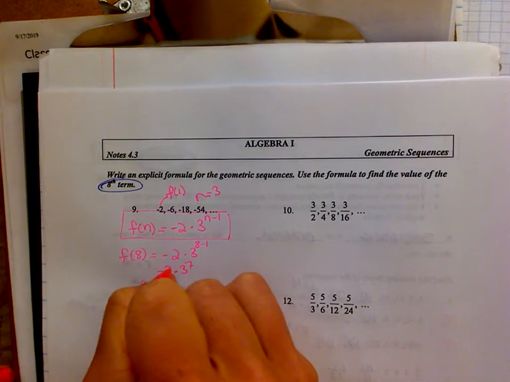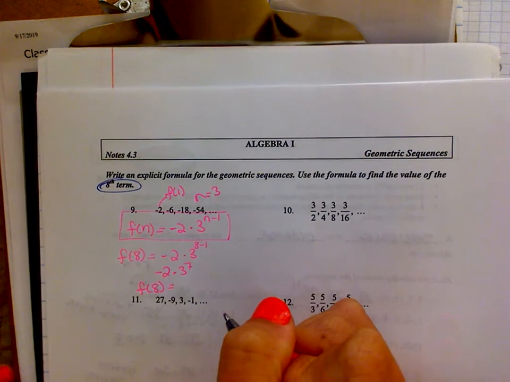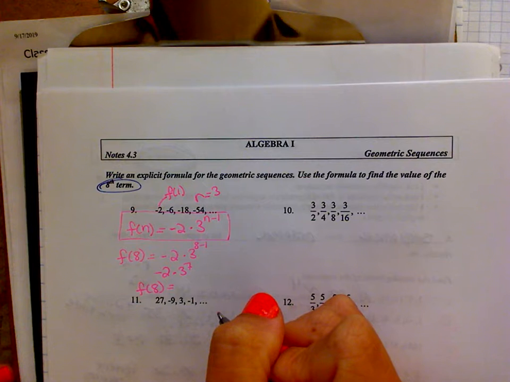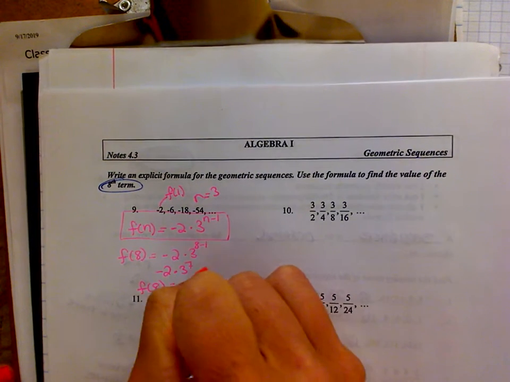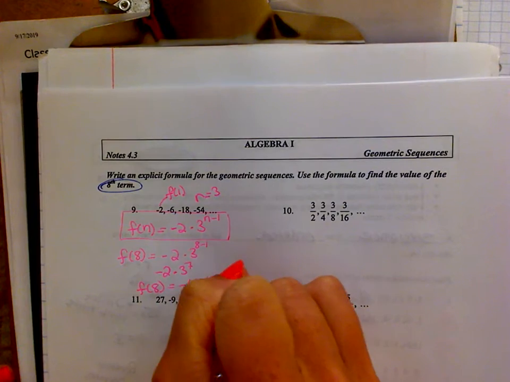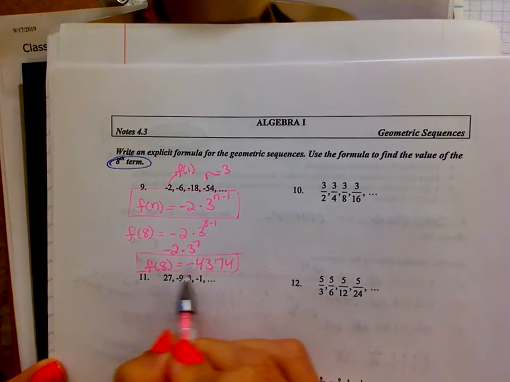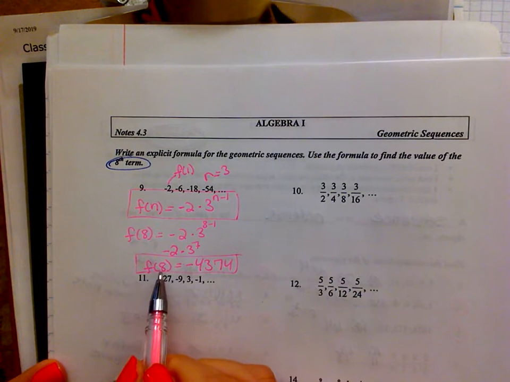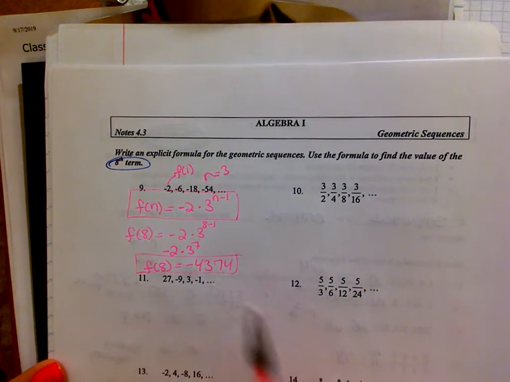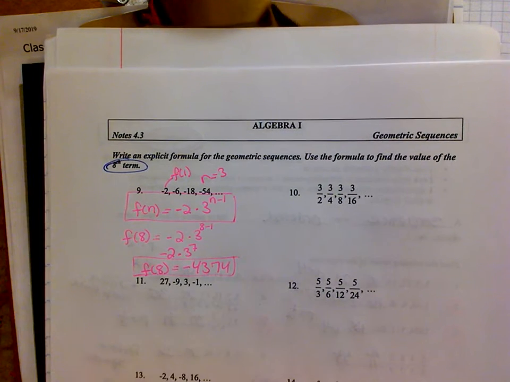And that should give us negative 4,374. You should probably write your answer in that kind of notation. f of 8, the 8th term, is negative 4,374.